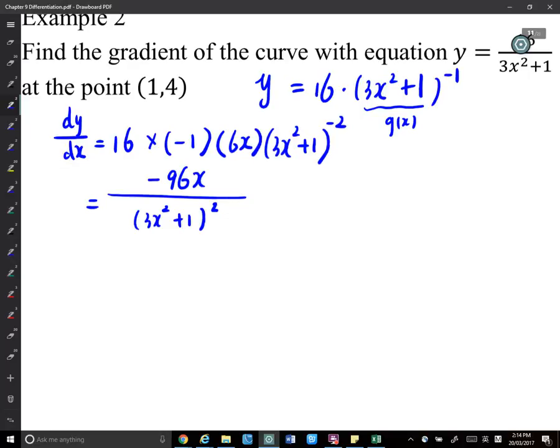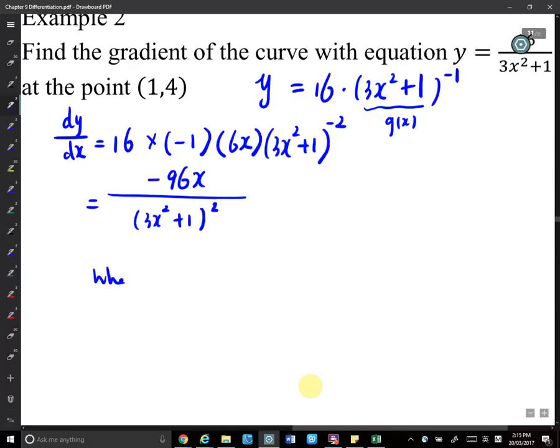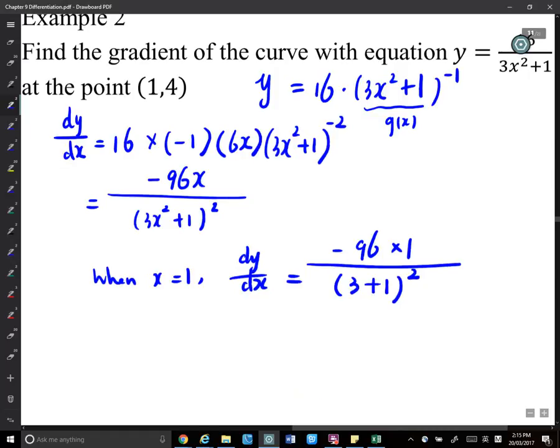I want to find the gradient at the point (1, 4). The y value doesn't really influence the gradient; it's the x value that influences the gradient. So when x equals 1, dy/dx equals negative 96 times 1 over (3 times 1 is 3, 3 plus 1) squared.